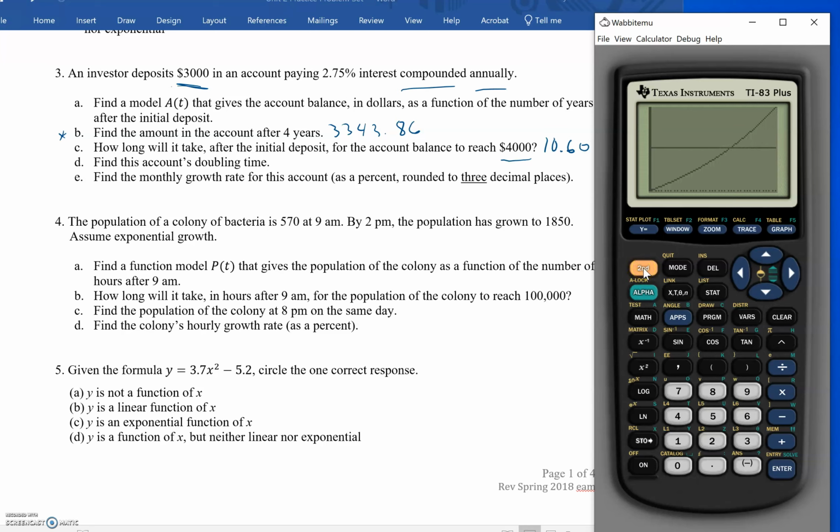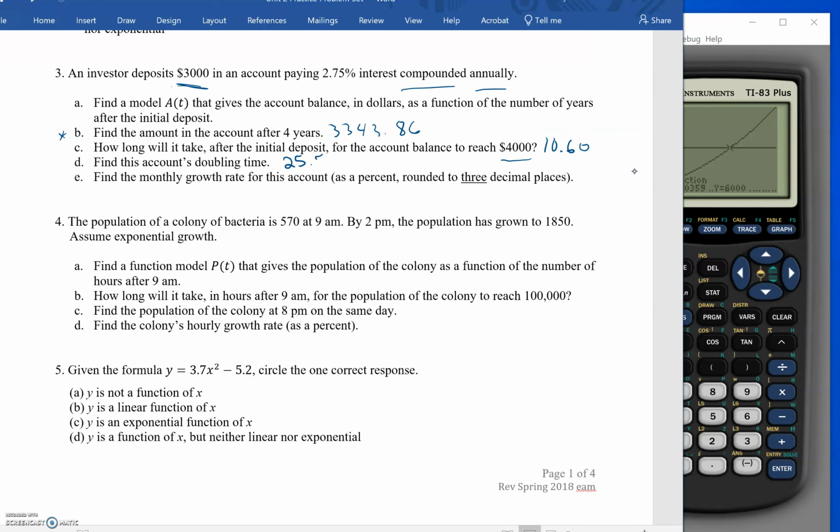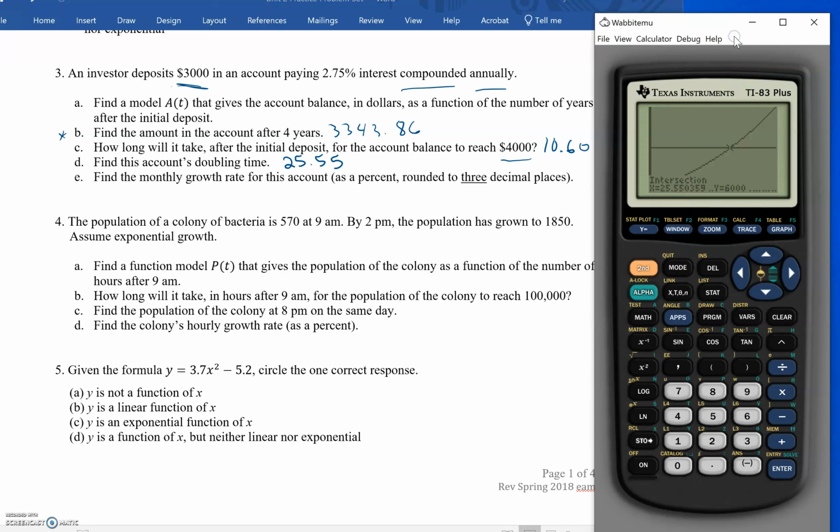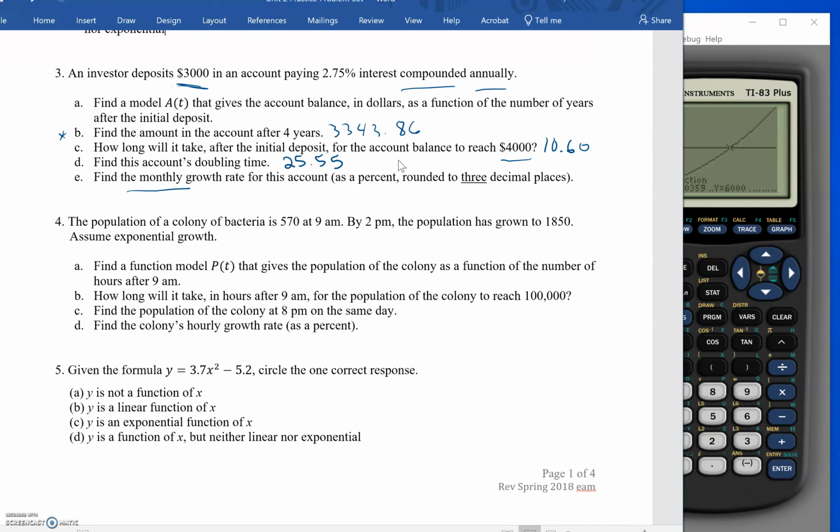All right. So we see our doubling time is 25.55. And that's years. Finally, we're asked to find the monthly growth rate for the account to 3 decimal places.